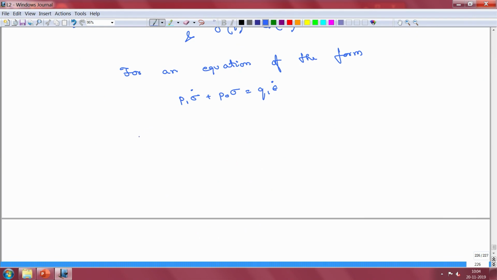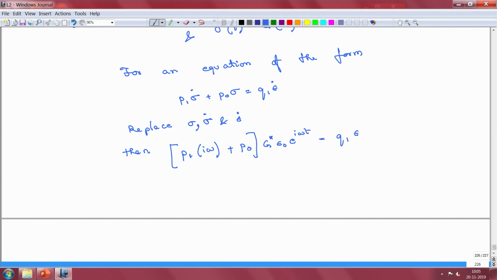So, if you replace sigma, sigma dot and epsilon dot, then you will get a case where you have a derivative of sigma. So, here you will actually end up multiplying this with I omega, and this will be G star epsilon 0 e to the power I omega t. So, your left hand side will be this, and on your right hand side you will have Q 1 epsilon 0 e to the power I omega t.